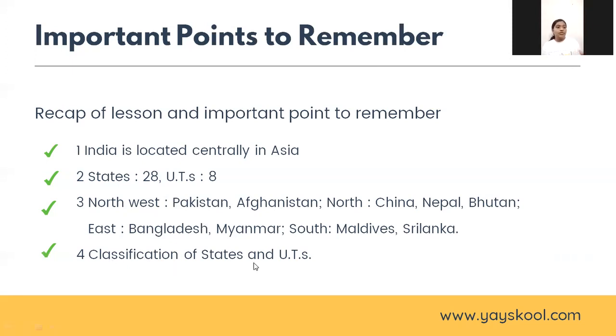And coming to the classification of states and UTs, we saw how we classified them: states based on the countries with which they share the border, and UTs grouped based on which coast they lie on, whether the eastern coast or the western coast.